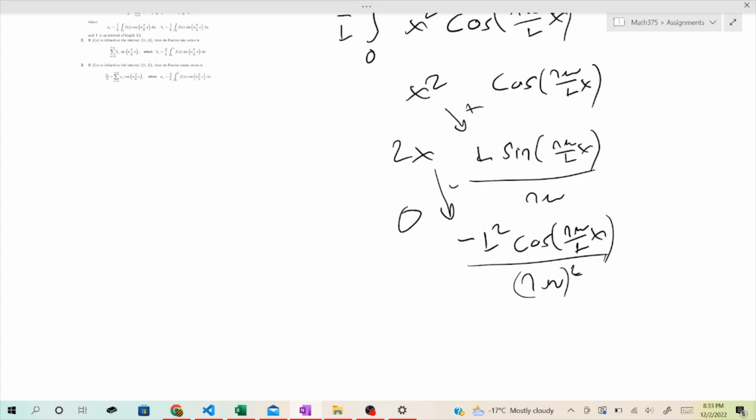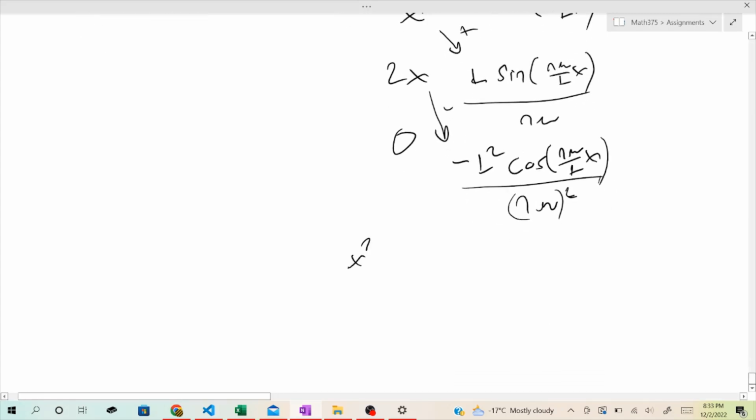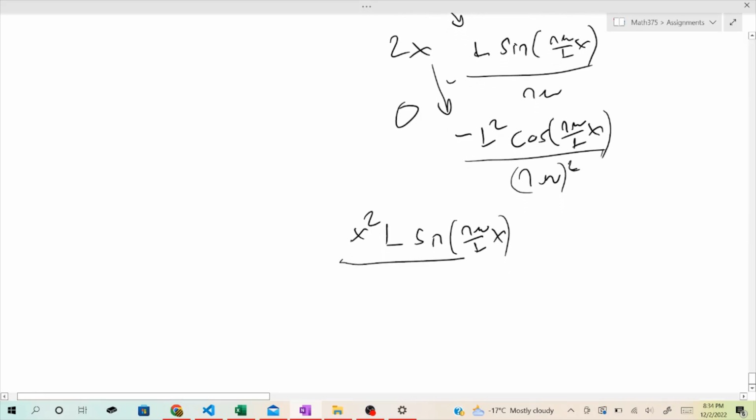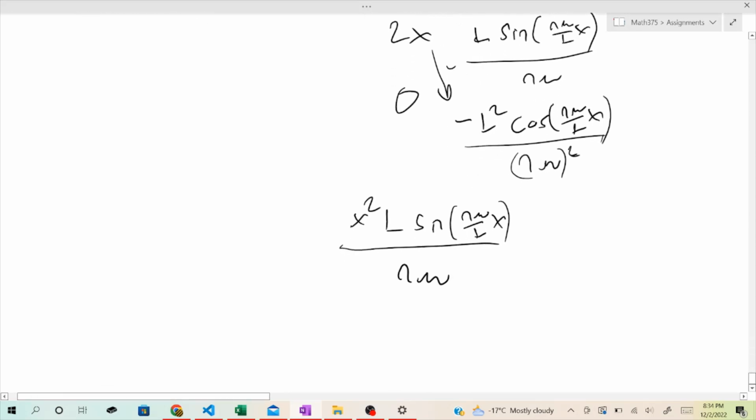And minus, we see x squared times L sine of n pi over L x over n pi.